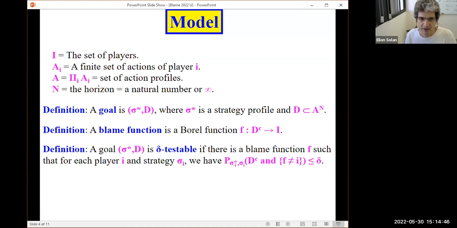We only care what happens if by deviating you caused us not to reach our target. So the probability that we do not reach our target and we blame a different player than the deviator is small. Okay. So this is a delta testable goal.